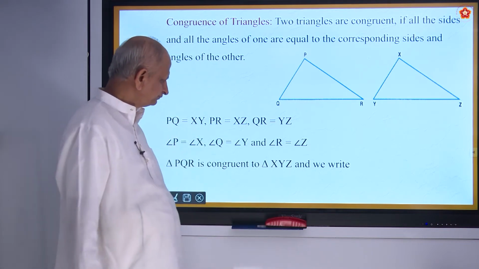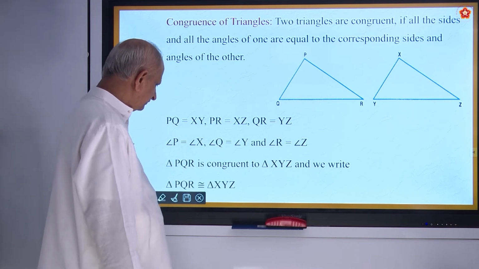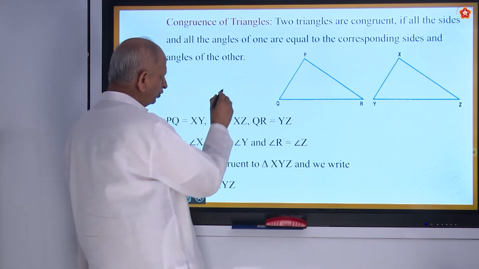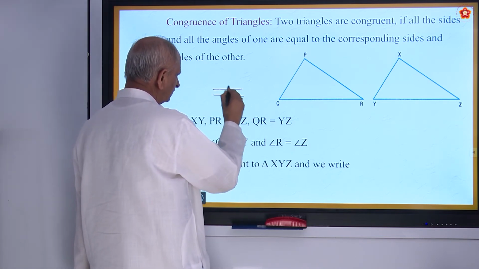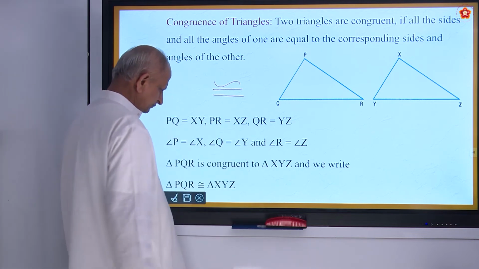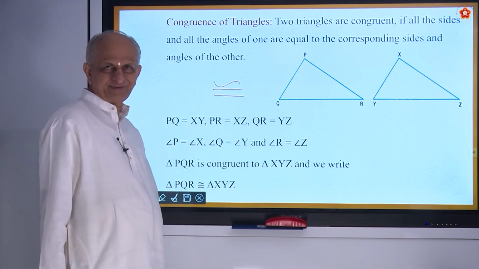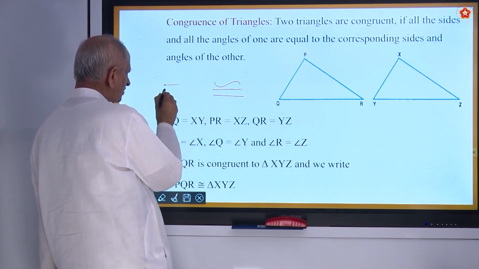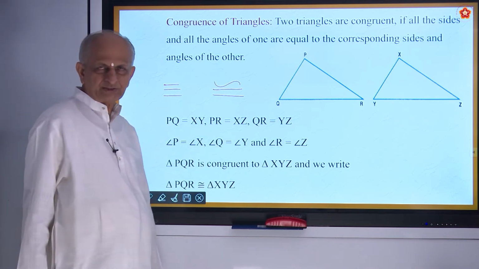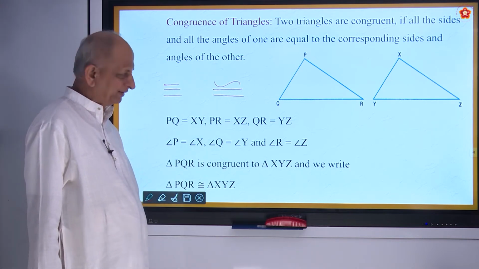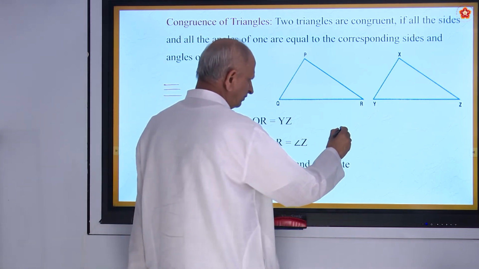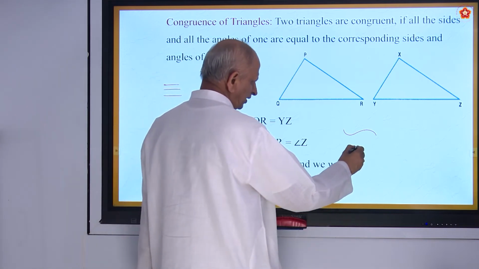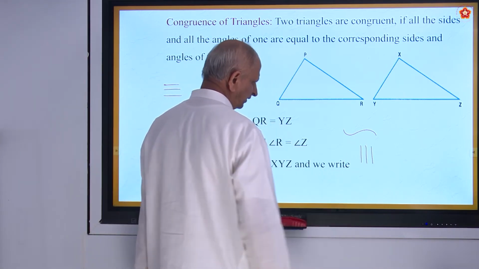How to write it? This can be written like this: triangle PQR congruent. Note these two lines here and a sleeping S. Sometimes they read it like this also, that's also okay. That's called the congruent symbol. Suppose you write like this, what happens? It is called similar, or sometimes they write like this also. This is called similarity.